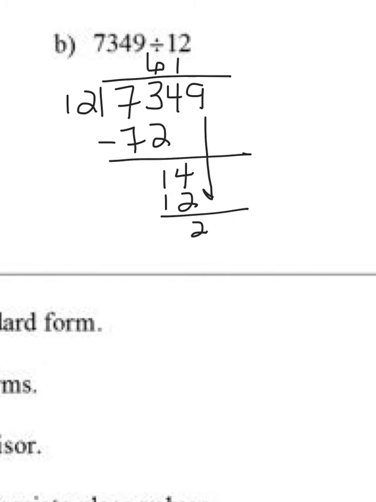Bring down the 9. 12 goes into 9 twice, with a 5 remaining. So my answer is going to be 612 and 5/12. And that's it.